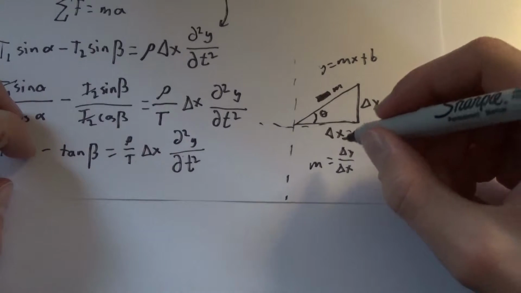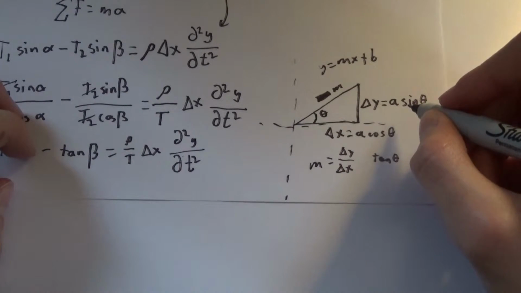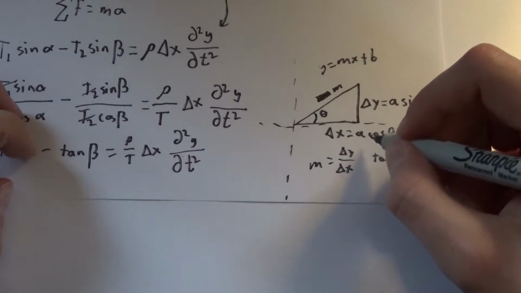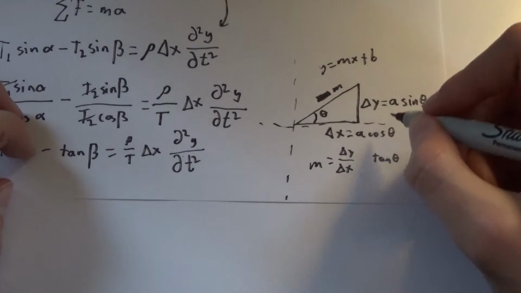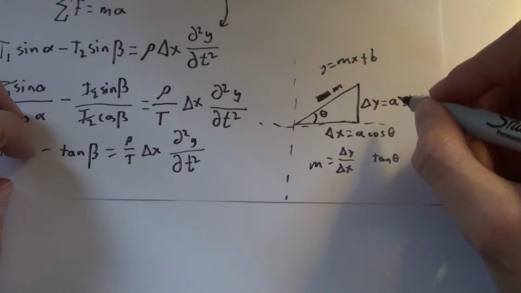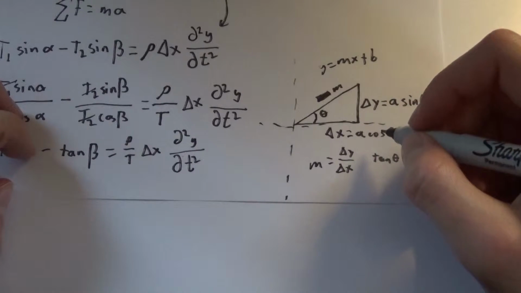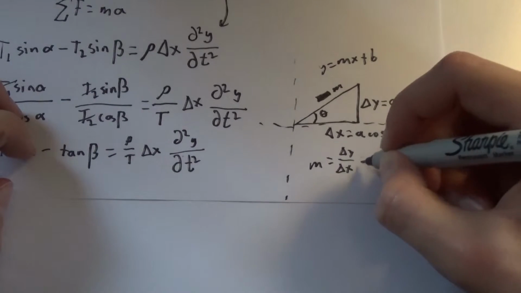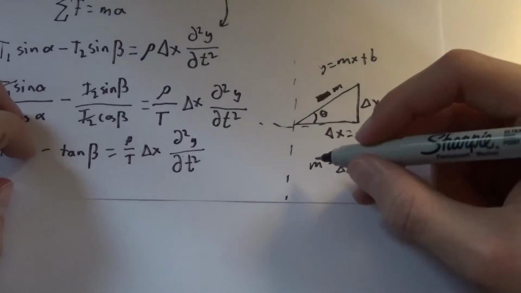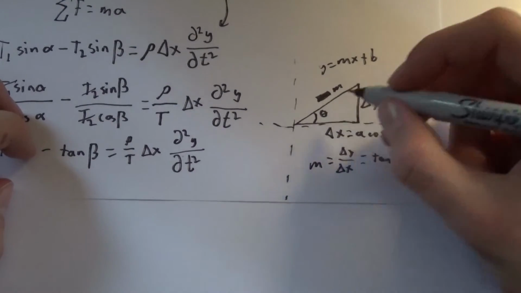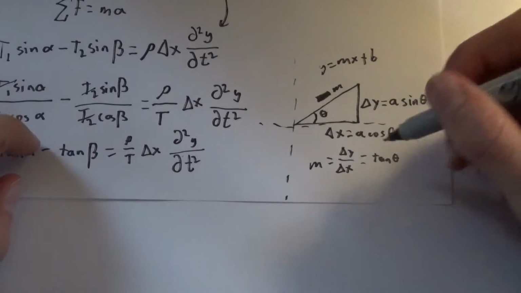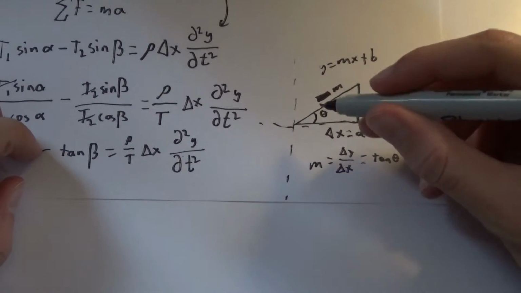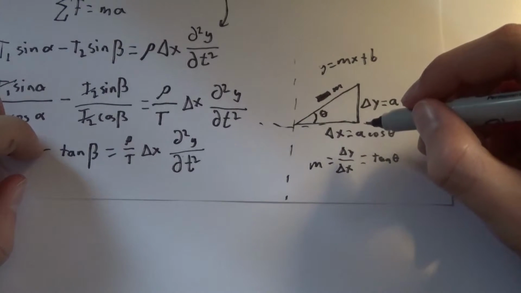But remember, delta y is a sine theta, delta x is a cosine theta. If we replace delta y and delta x with those corresponding values, the a's will cancel out, and you'll have sine over cosine or tangent. So we just do that. We prove that the slope of any line or any segment or line-like object is equal to the tangent of the angle that it's at to the horizontal.